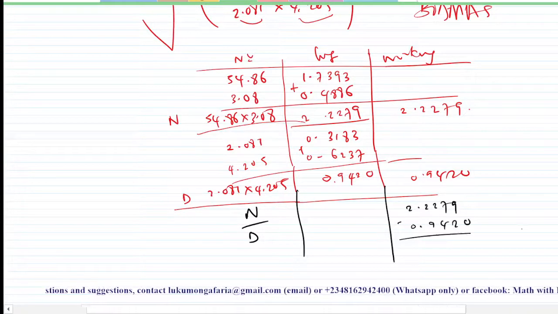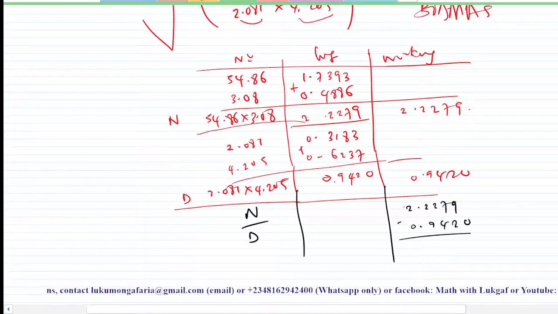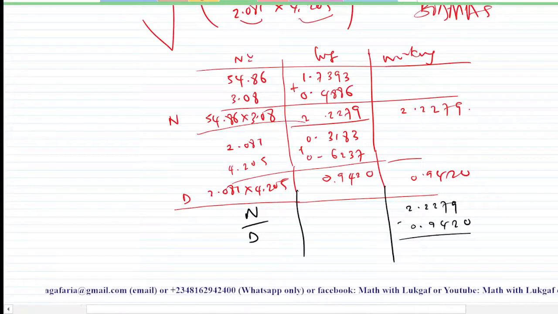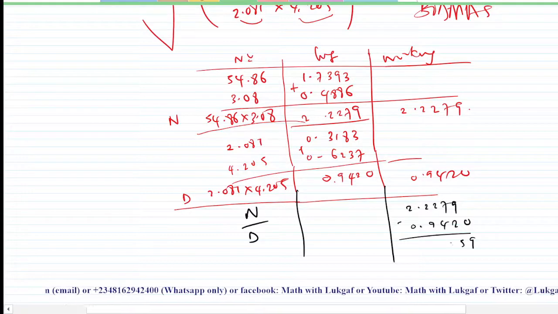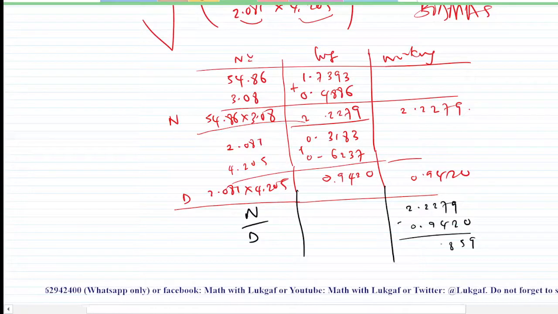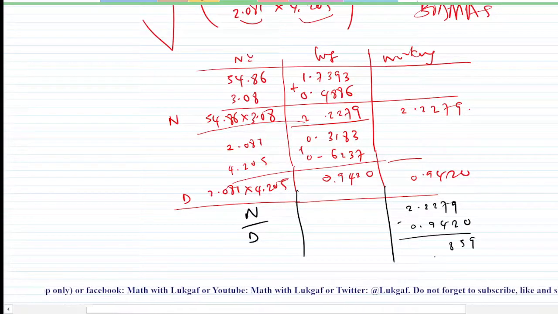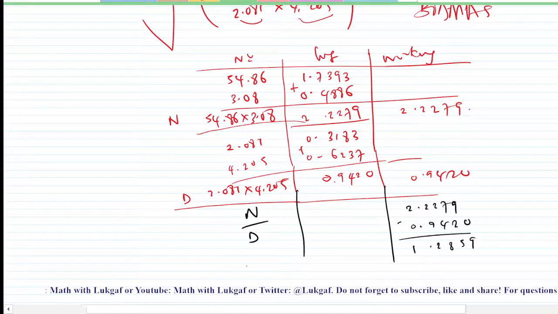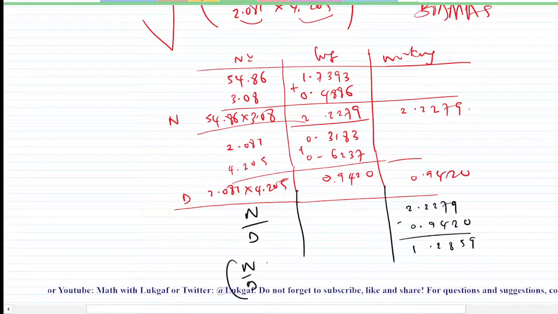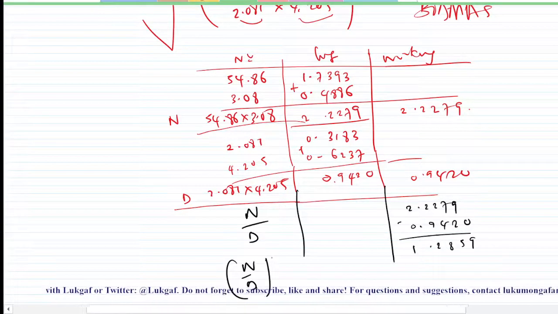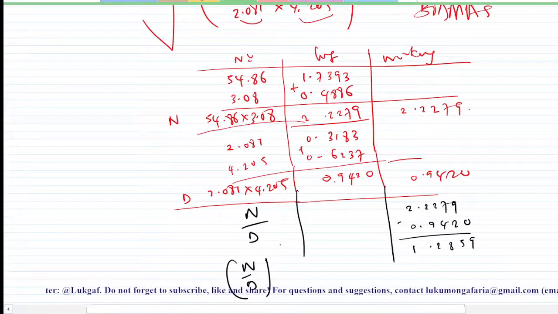Since you've taken the logarithm, if you subtract, this will give me 9, 5, 8, 11. Yeah, that's 2, 1. So now we can have numerator divided by denominator raised to the power 3, since we have the power here.